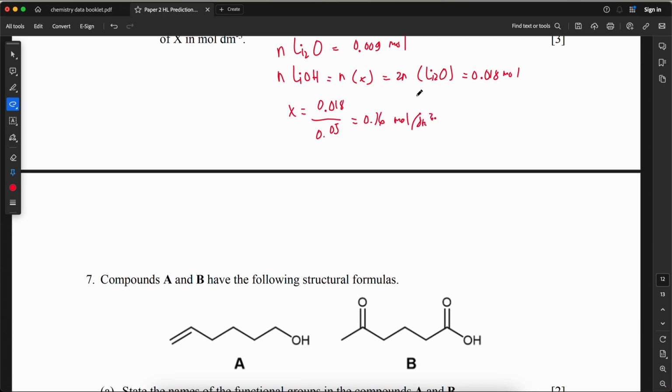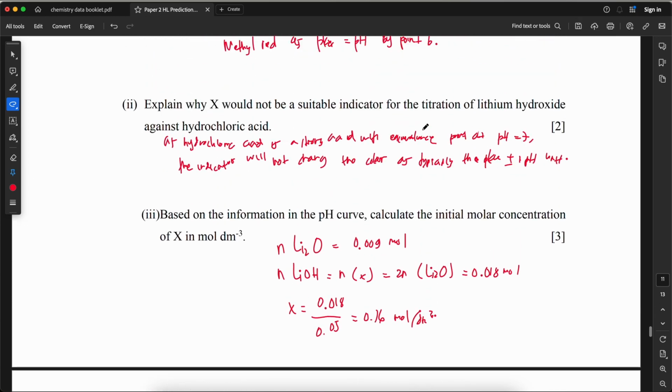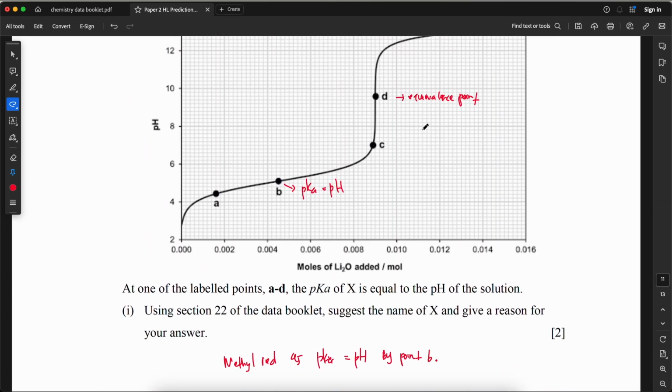So the pH curve shows that X completely reacts once 0.009 mole of Li2O has been added here. So the pH increases sharply because the reaction is Li2O plus H2O produce 2 LiOH.